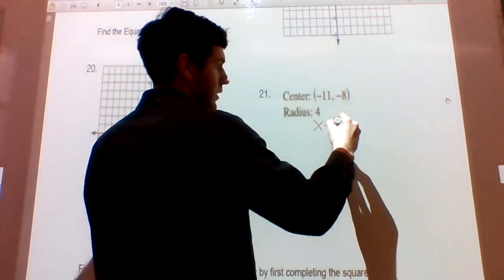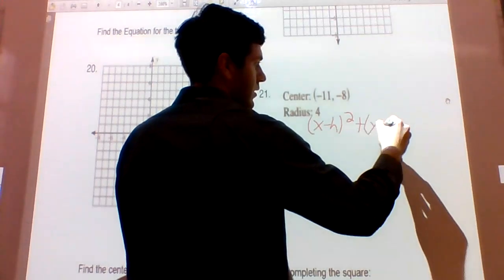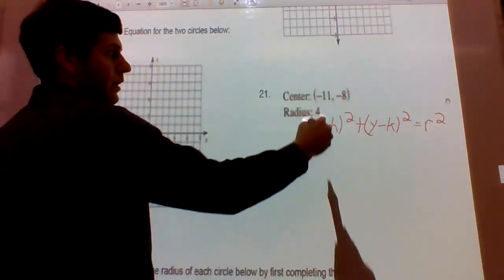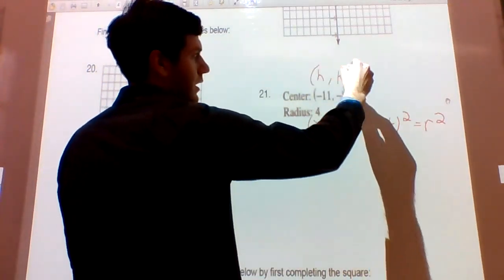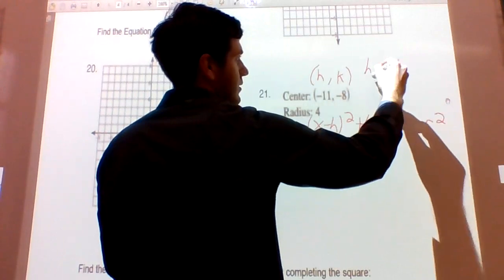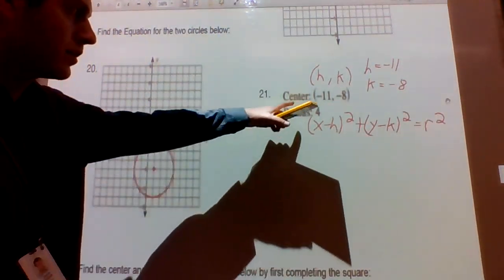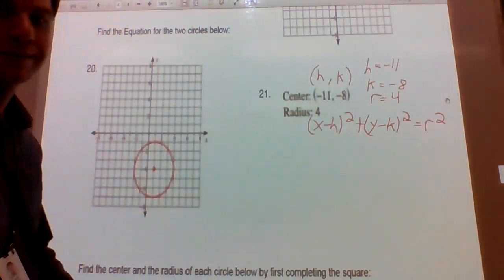It was x minus h squared plus y minus k squared equals r squared. So h is negative 11, k is negative 8, and we know r is 4. So all we got to do is substitute in these numbers.